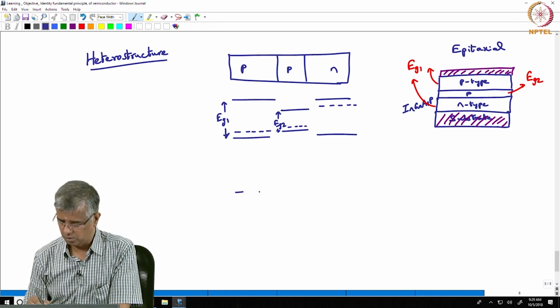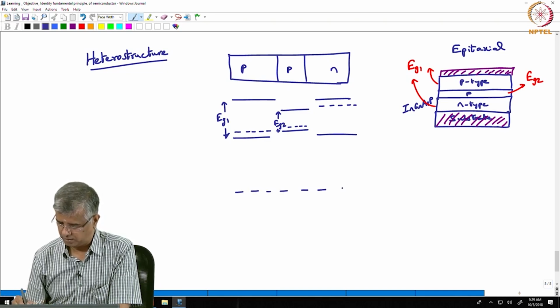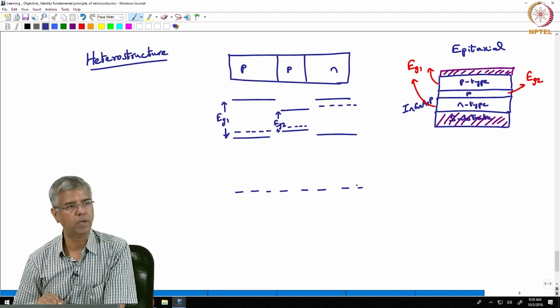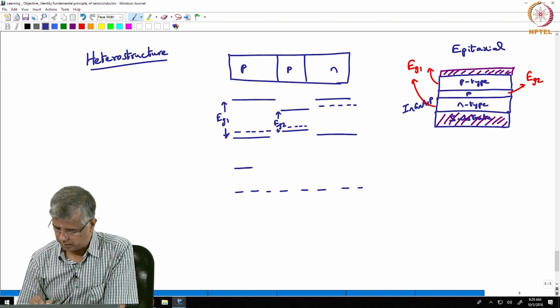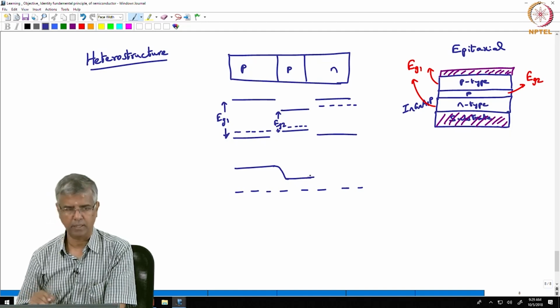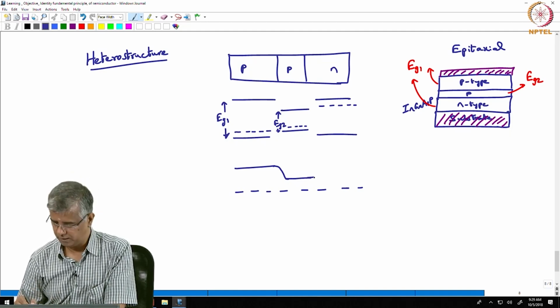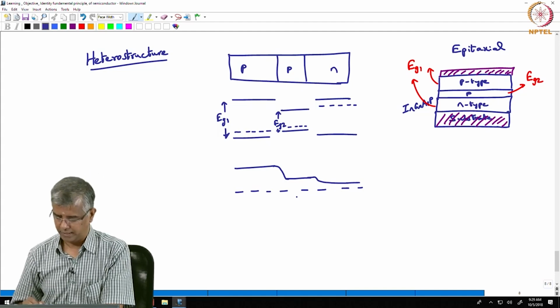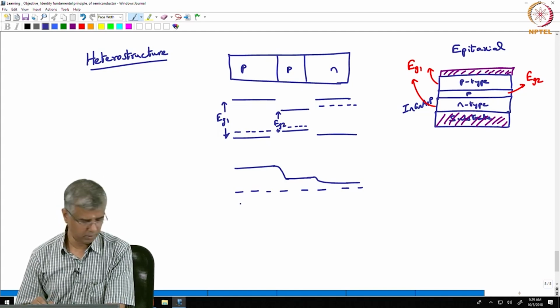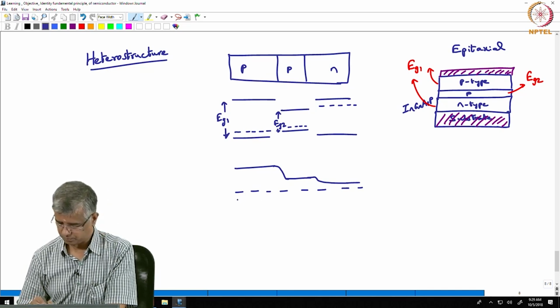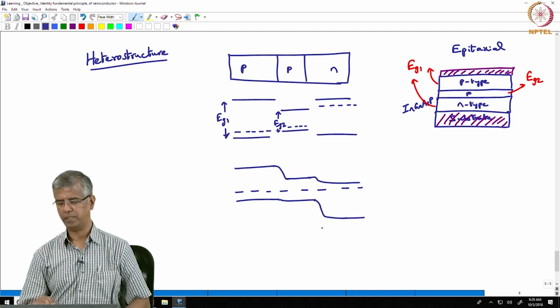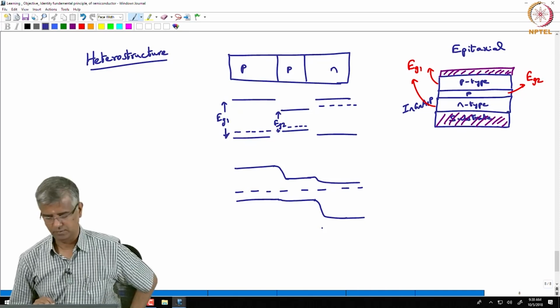One thing we can say is, once you put them together like this, the Fermi energy once again is going to be equal across this, and then what you see over here is there is going to be a step corresponding to the lower band gap energy, and then there may be a step over here corresponding to that n-type, and similarly on this side, this is a p-type, you may have a small disturbance here, and then you are going to have a large step over here. So you have something like this. Okay.